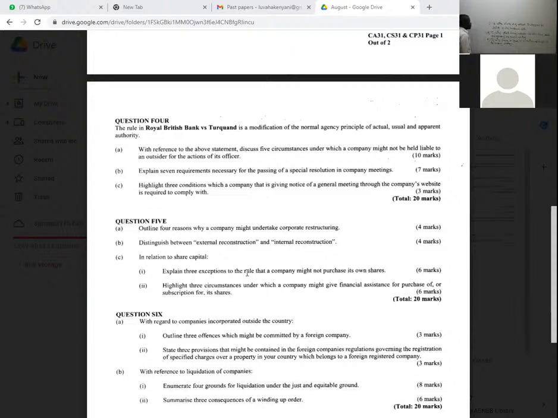So you're saying the notice should be of at least 21 days as per the statute or the requirements of the Companies Act. The notice should clearly indicate the date, time, place, and agenda of the general meeting. The notice should be signed by an authorized director or the company secretary.